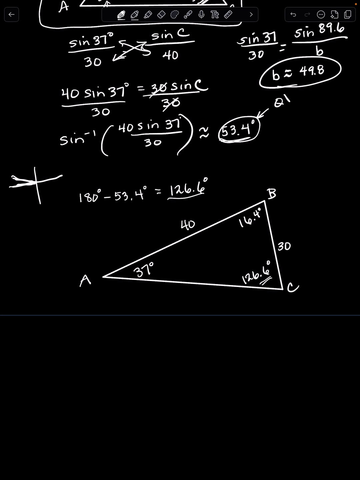I set up my proportion, so I've got the sine of 37 over 30 equals the sine of that B value now, which is 16.4 over B. Cross multiply, do the calculation, and B is approximately 14.1. Okay, so that's the ambiguous case, given 2 sides and an angle that's not included, using the law of sines.